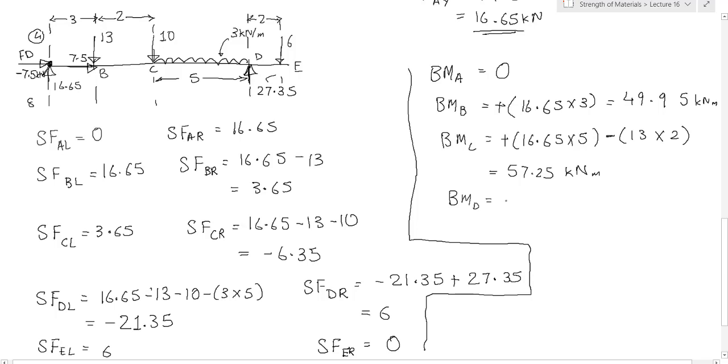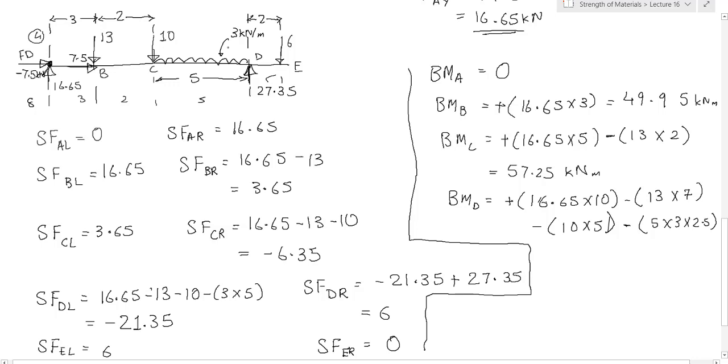Then bending moment at D. Bending moment at D will be plus 16.65 into the distance from D, which is 3, 2 and 5, so 10. 16.65 into 10 minus 13 into 7 minus 10 into 5, and minus 5 into 3 into 2.5. Why did I do this?